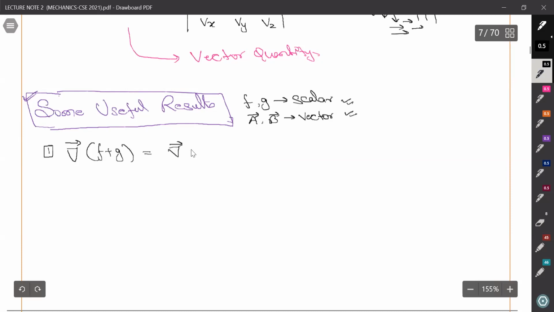Okay, so this is the formula of divergence, simply as you do in the derivative. Second one, a vector plus b vector.